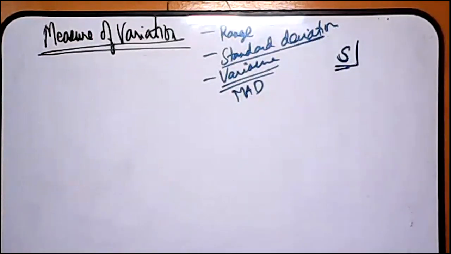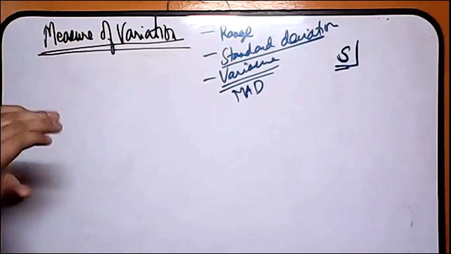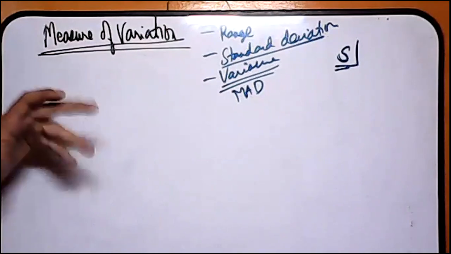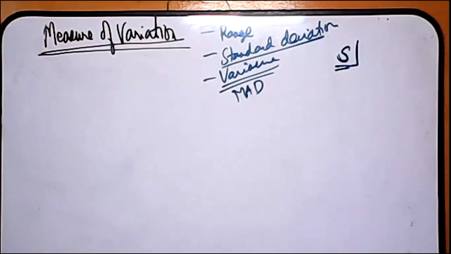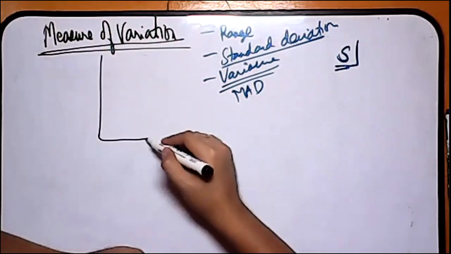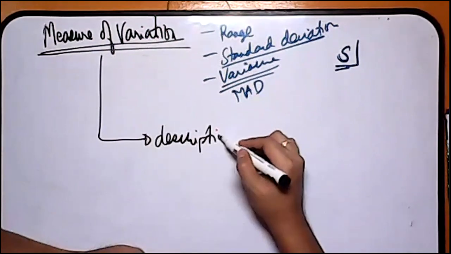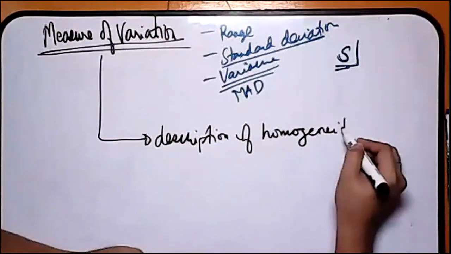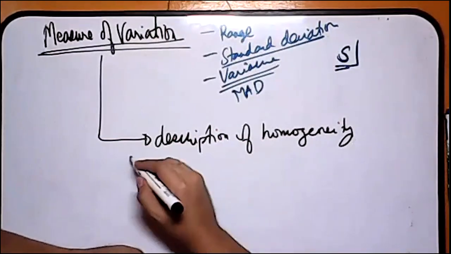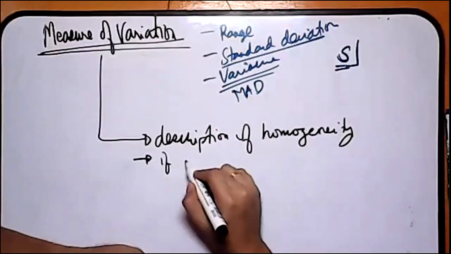Now, umpisa muna, at firstly, ano ba kasi ang measure of variation? Kung ang measure of central tendency, it is a single value that describes our variable, ang measures of variation is a description of homogeneity. Another thing is that it tells us if the data is scattered.